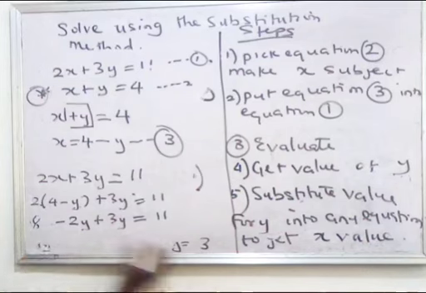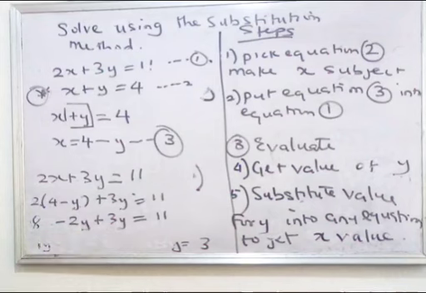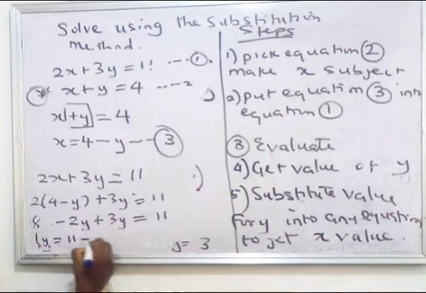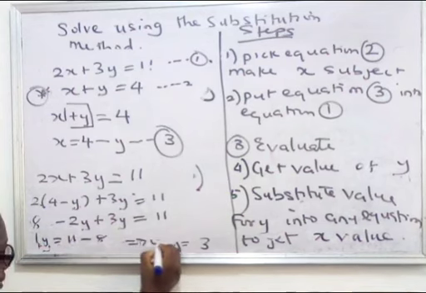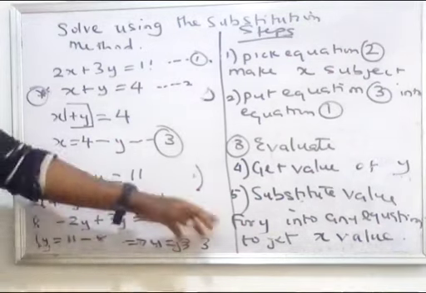So this 8 goes out and becomes 11 minus 8, and minus 2y plus 3y means we have 1y is equal to 11 minus 8, where our y finally becomes 3. So we have just evaluated, that is step 3, and we have just gotten the value of y. That is step 4. So step 4 says we should get the value of y, and this is what we have gotten. Our y equals 3.